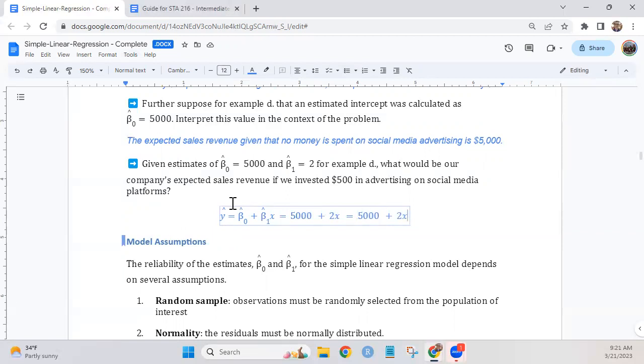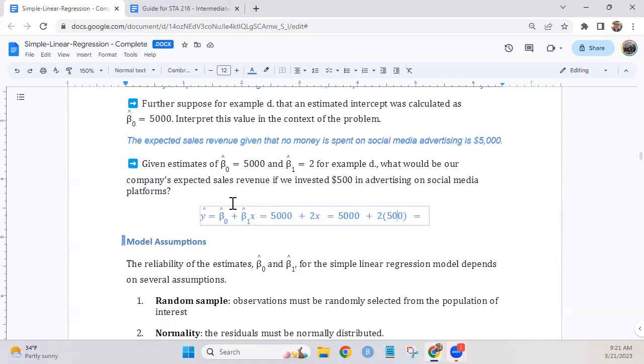So 5,000 plus 2 times 500. Nice round numbers here. So what would we get as our expected sales revenue then? Yeah, 6,000.